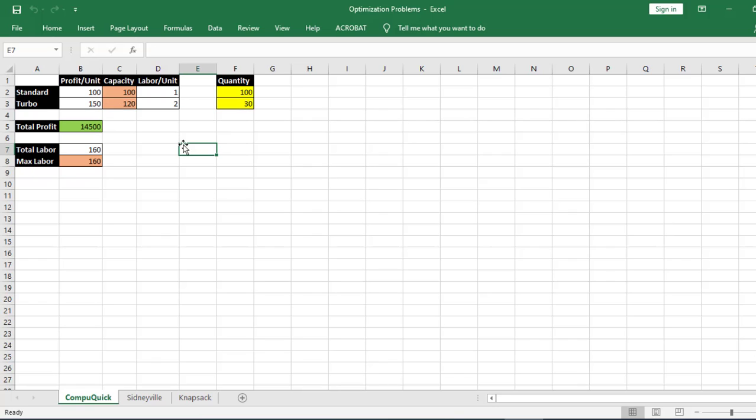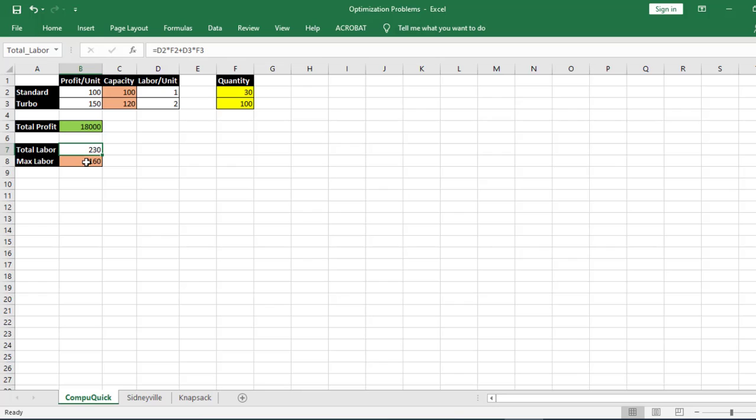So basically, guys, before doing the Solver, you can, for example, try, let's say, 30 for standard and 100 for turbo. And you can see, guys, that the total profit is 18,000, which is higher than 14,500. However, the total labor overcomes the maximum labor.